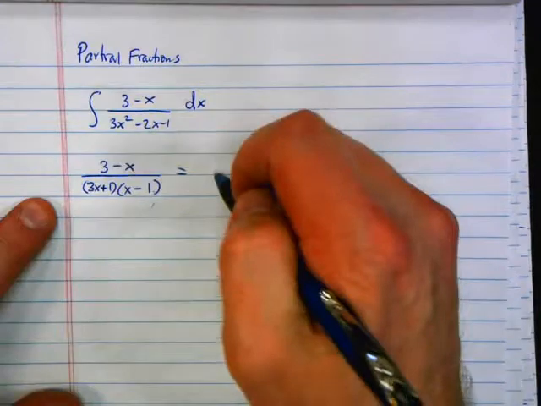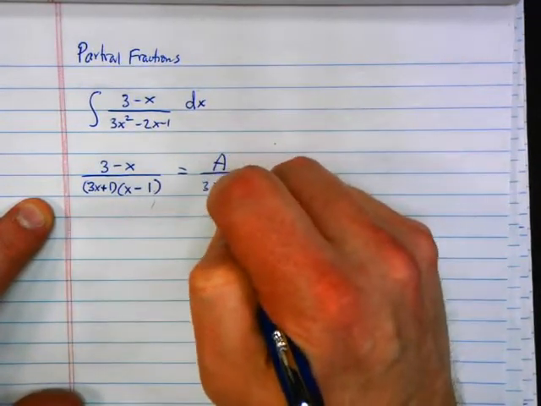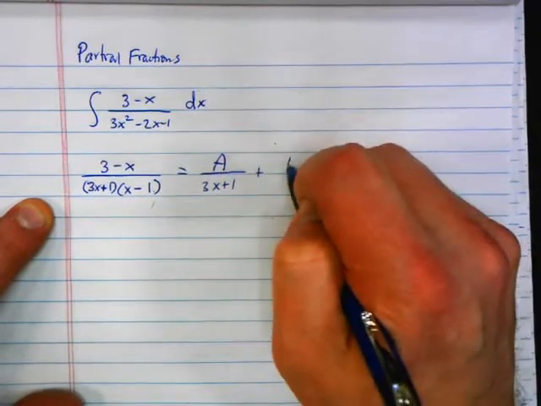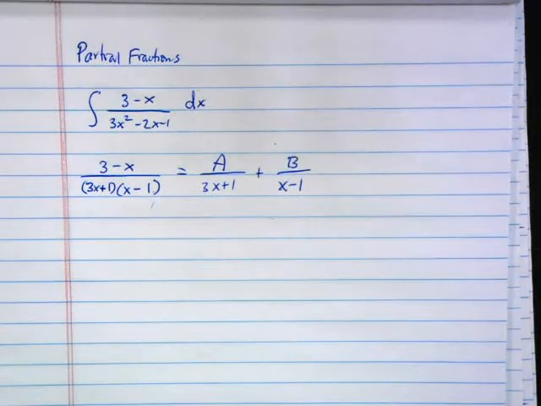So we're able to do a partial fraction decomposition. That means we're going to have some number A over 3x plus 1 plus some number B over x minus 1. Then what do we do?